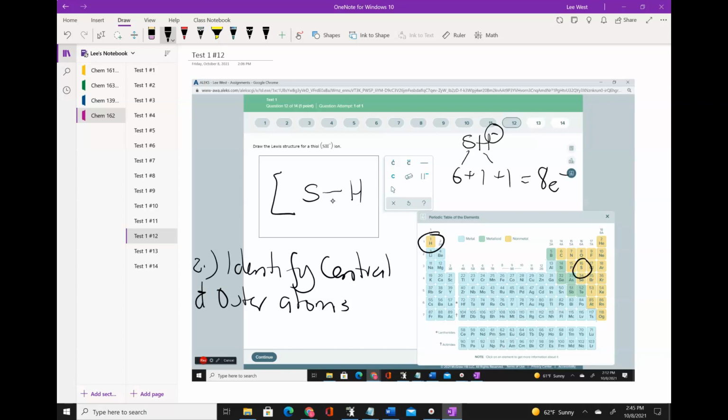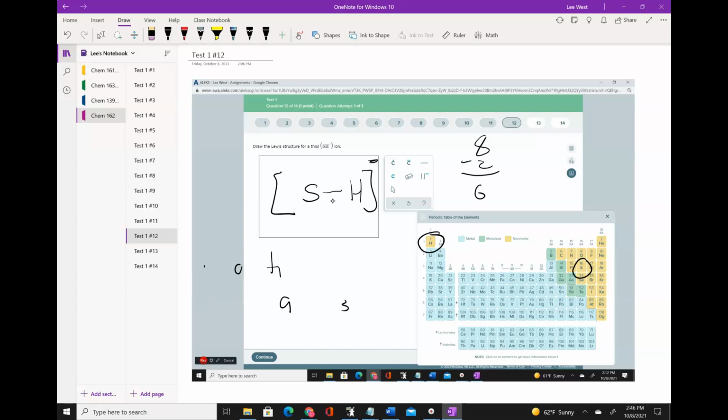Now we should put the parentheses in and put the charge in before we forget. We're going to go ahead and join these 2 atoms together with a single bond because they have to be joined by at least a single bond. A single bond uses 2 electrons, so we'll go ahead and subtract 2 from our total, and that leaves us 6 electrons left to do everything else.